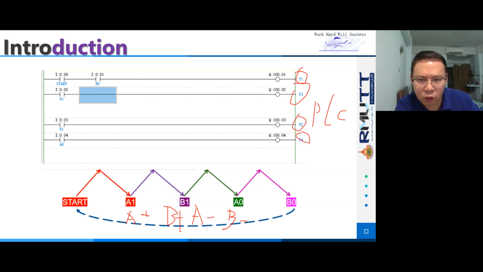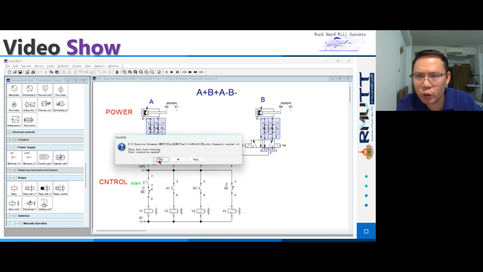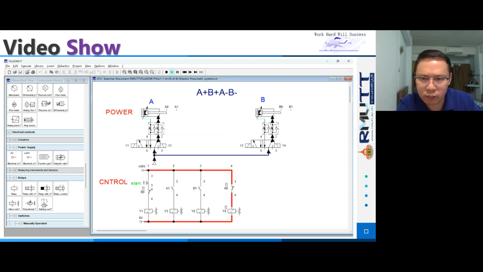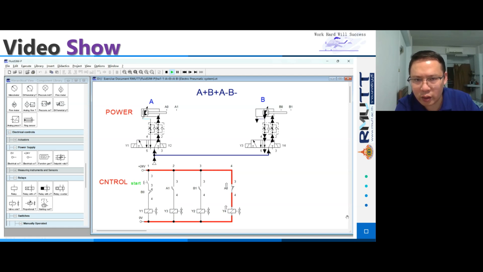The Y4 work is B minus. Like this is the simulation in the FluidSIM software. You can see A plus, B plus, and again A minus and B minus.